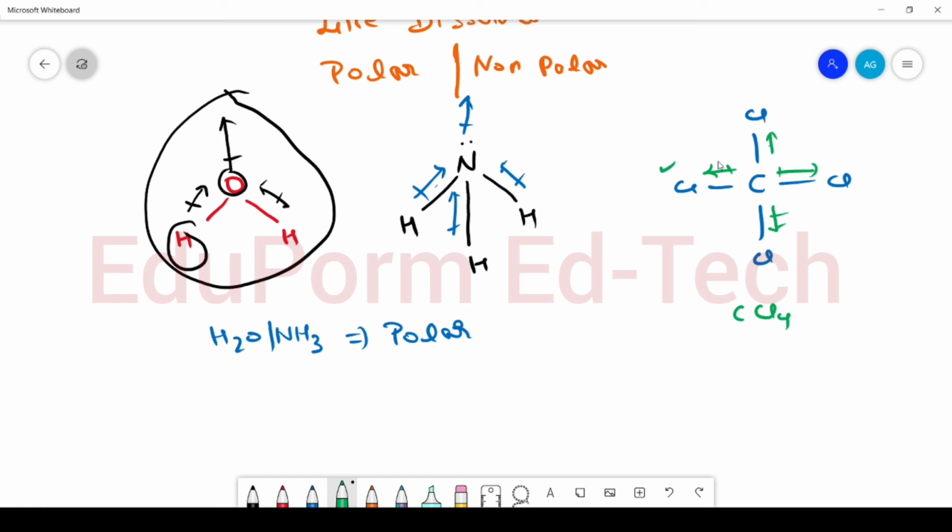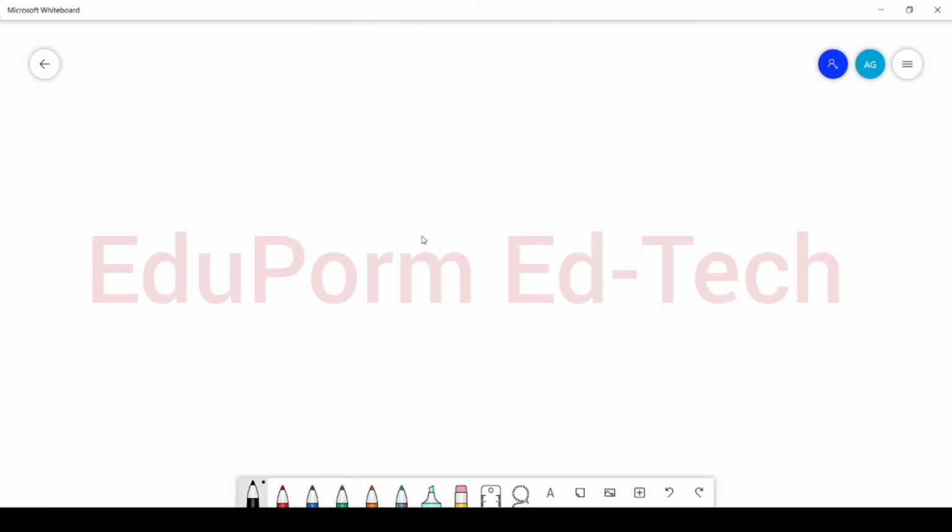Why? Because this will cancel out this one and this will cancel out this one. So CCl4 is non-polar, and the principle of like dissolves like states that polar dissolves in polar while non-polar dissolves in non-polar. So let's study the effect of change in temperature and effect of change in pressure on the solubility of solids in liquid.